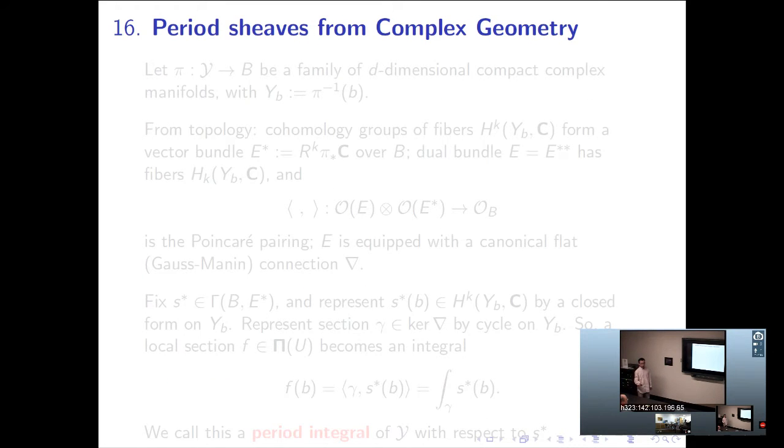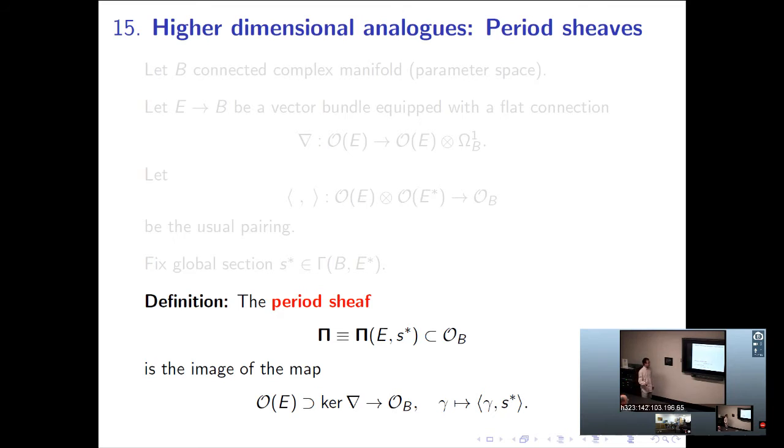Sorry, what was the pairing? Can you leave it there for a second? So the pairing is between S star and gamma, where gamma is a locally constant section of the dual bundle.